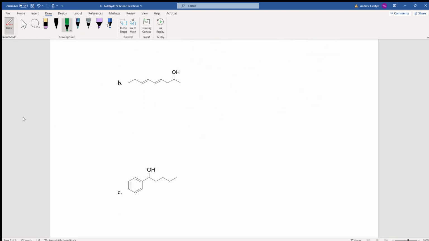Same thing in part B. We're going to make that carbonyl or that alcohol into a carbonyl again. In doing that, we remove one of the carbon bonds to it, and we make that side into the Grignard.